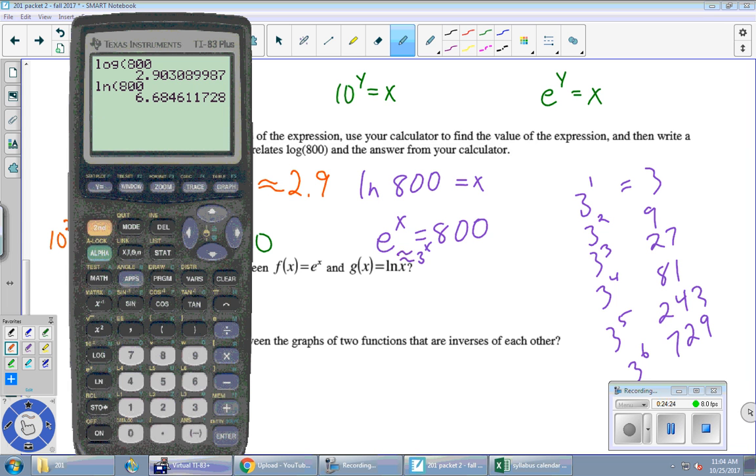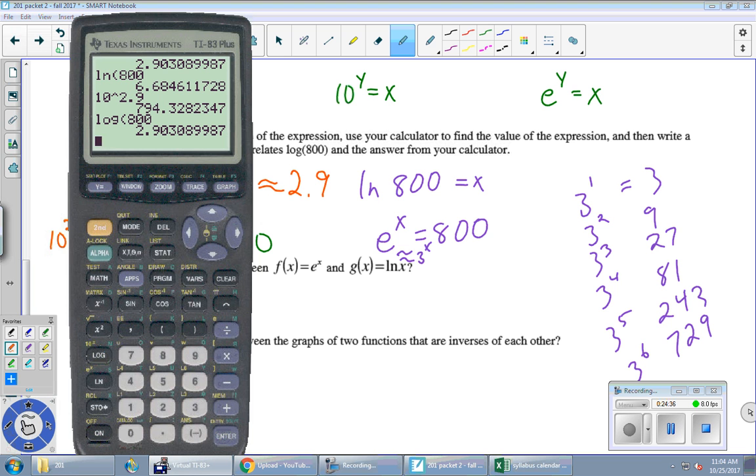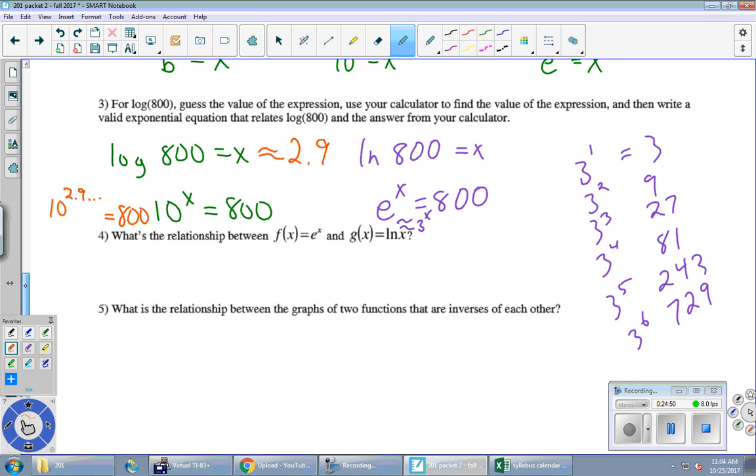So if I do 10 to the 2.9, is that going to be exactly 800? No, because 2.9 was not the right answer, but yeah, we're close. So if I really want to do this right, I go back to my log of 800, and then I say 10 to the second answer. This one is 800. Okay, so log equations, exponential equations, they're exactly the same as each other. Two different ways. It's like two sides of the same coin.